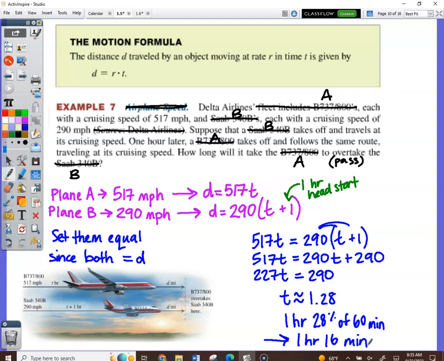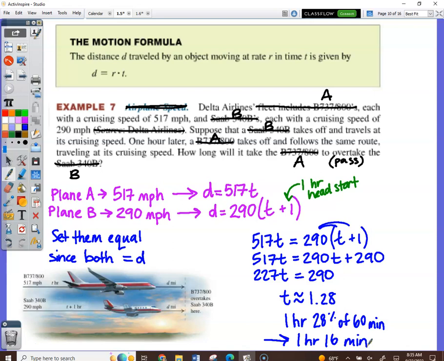If it was earlier, you would need to adjust it. If I said plane B left an hour earlier than plane A, you would have to go in and subtract the hour off. Does that make sense? So you might want to make a note on your paper: the word earlier means subtraction, right?